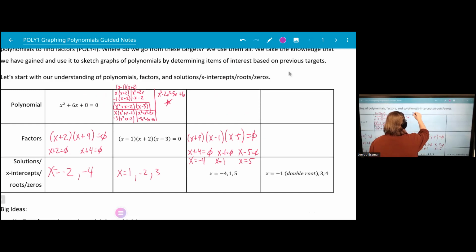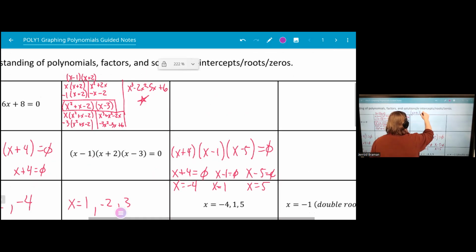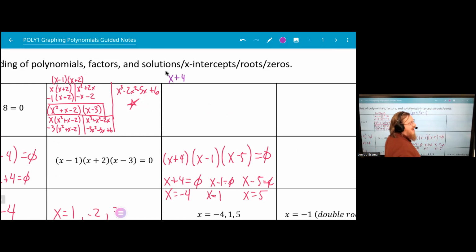So I'm going to do first x plus 4 times x minus 1. If you did this in a different order, like x minus 1 times x minus 5 first, that's okay, because it doesn't matter the order you multiply as long as you do all the multiplication correctly. So I've got x and 4, x minus 1.